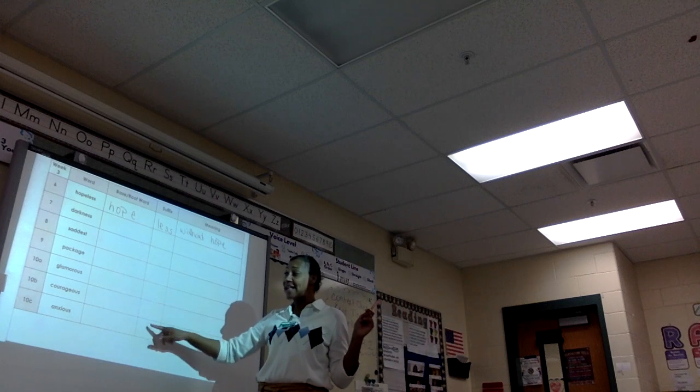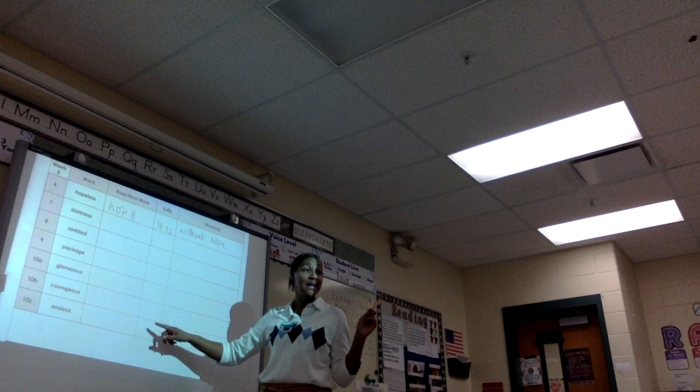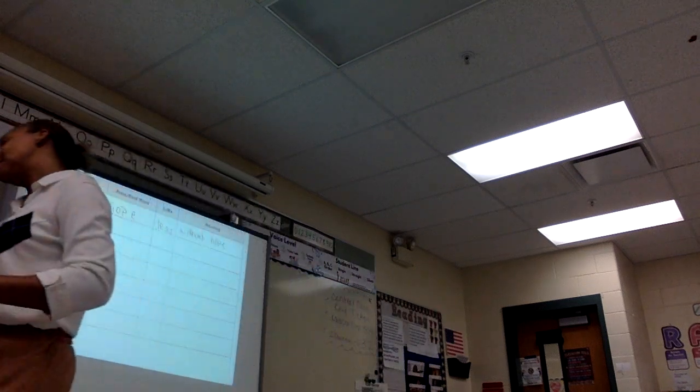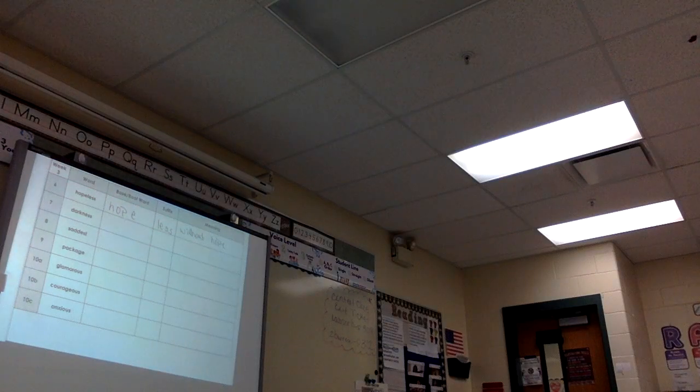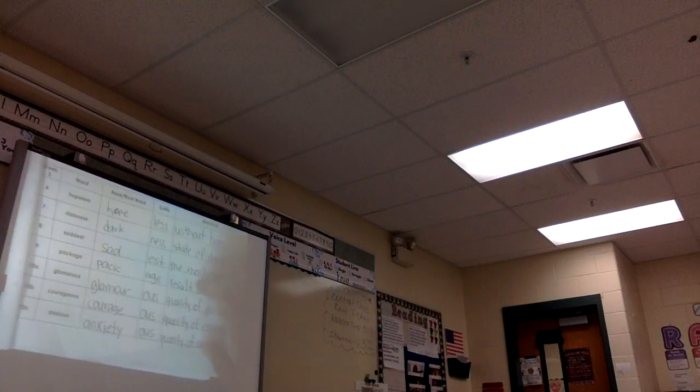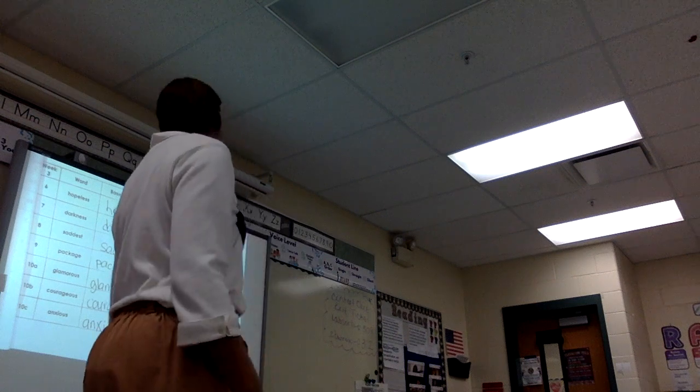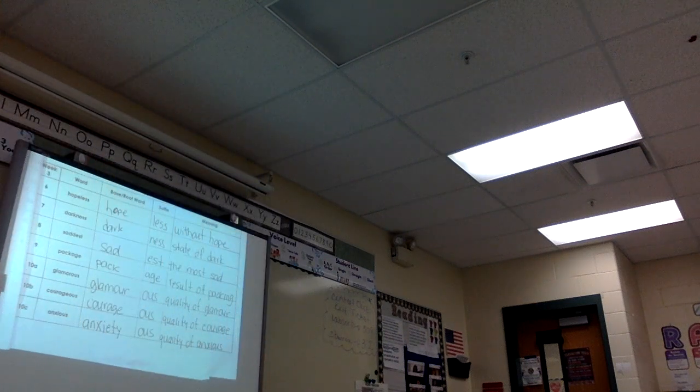So all the last 3, 10A, 10B, and 10C, your suffix should be OUS. And what does it mean, my friend? It is the quality of being anxious. All right.